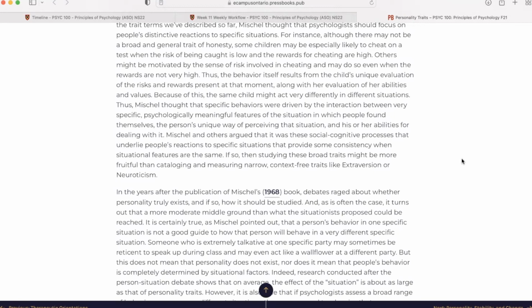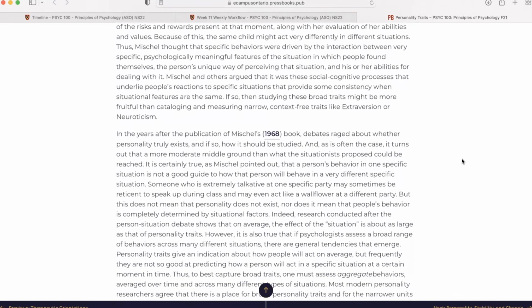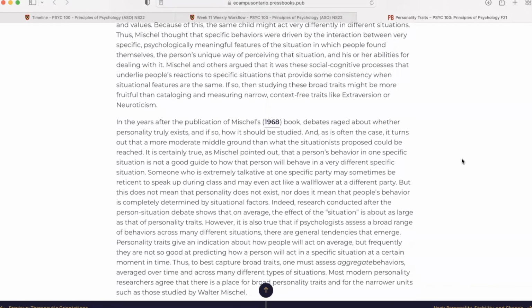In the years after the publication of Mischel's 1968 book, debates raged about whether personality truly exists, and if so, how it should be studied. And, as is often the case, it turns out that a more moderate middle ground than what the situationists proposed could be reached.